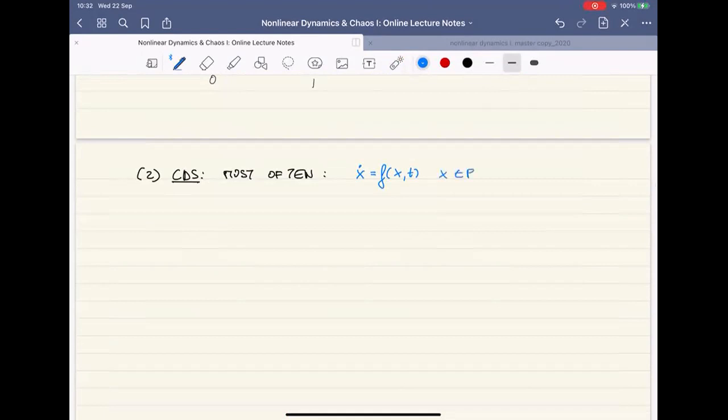Here x is taken from some phase space, but in fact it might be an infinite dimensional phase space, in which case this is not an ordinary differential equation; this is one way of writing a partial differential equation or delayed differential equation, but it has to be in this form. And t is again taken from E, and generally in that case it would be R, the real numbers.